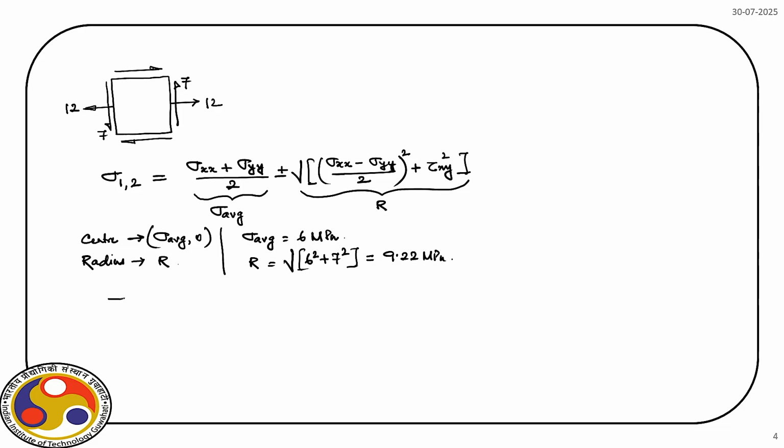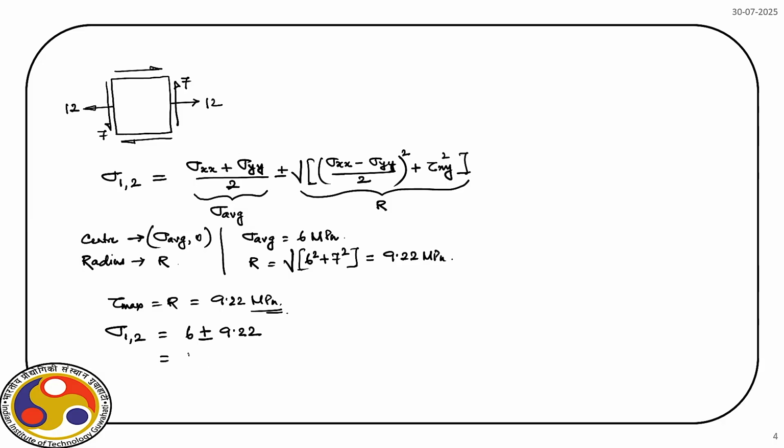Recall tau maximum is nothing but r, right. So, this is 9.22 MPa, and then we have sigma 1, 2, for that we have 6 plus minus 9.22.